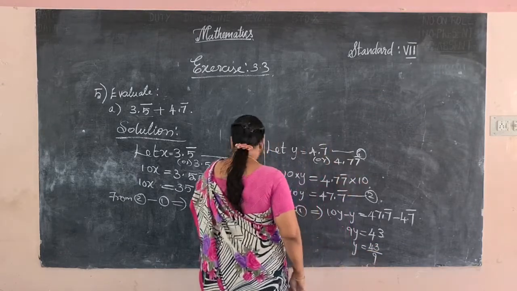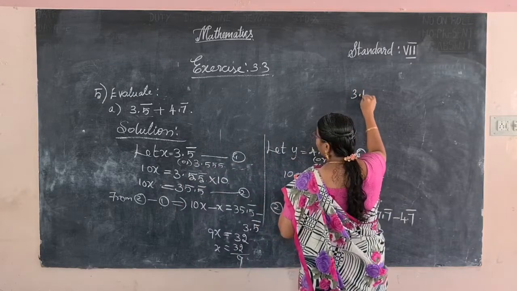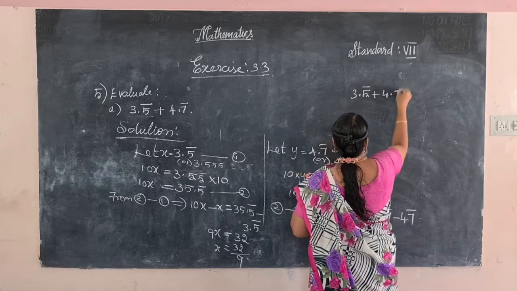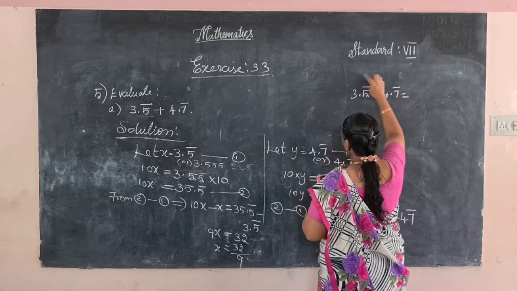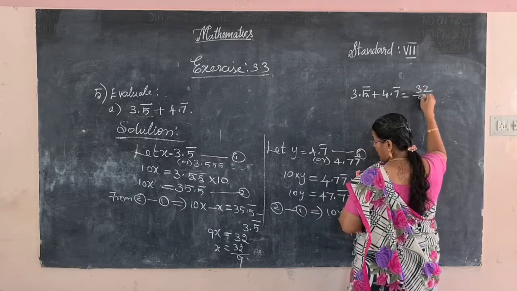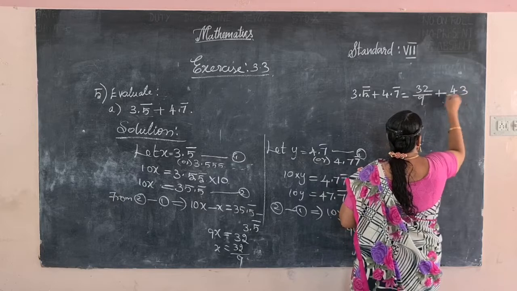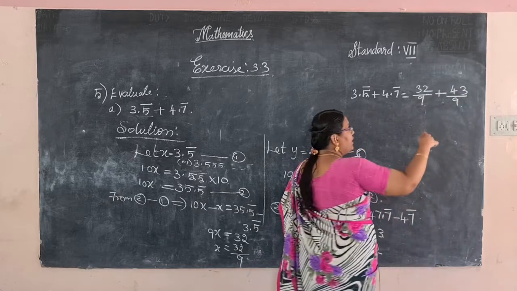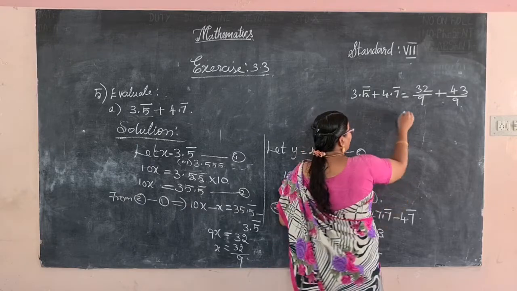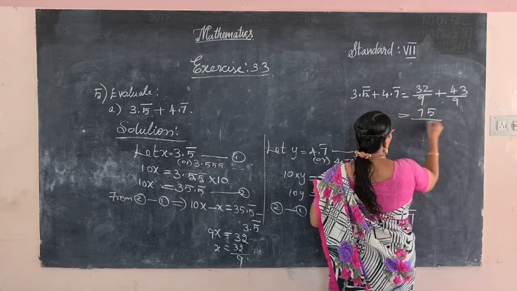Now we add them to evaluate 3.5 bar plus 4.7 bar. It is equal to 32 by 9 plus 43 by 9. The denominators are the same, so we add the numerators. 32 plus 43 is 75. So 75 by 9.